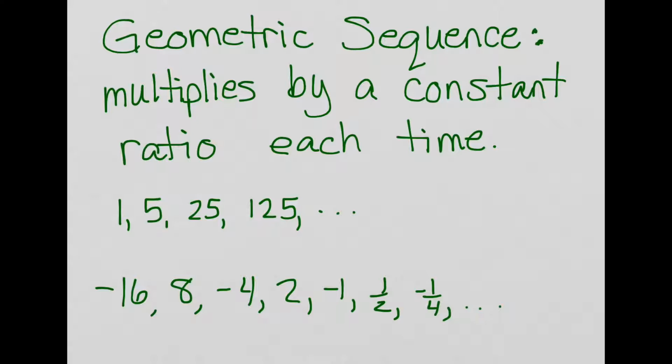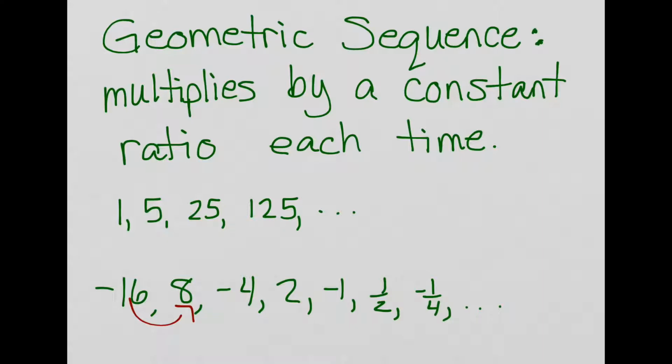And then on the second one, going from -16 to 8, I know a lot of you are thinking, oh, I divided by 2. Well, we can't divide. You can subtract, but you can't divide. And in a geometric sequence, we're only going to talk about multiplication. And there's a reason that we're going to do it that way. It will help you write the formulas much easier later if you only think about this in terms of multiplication.